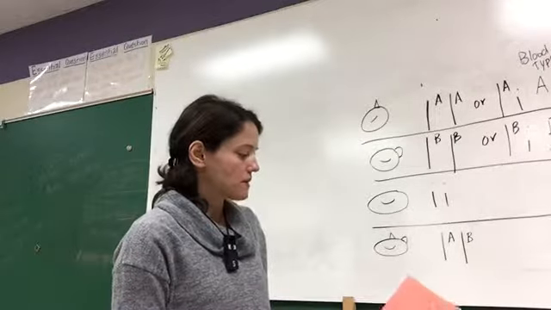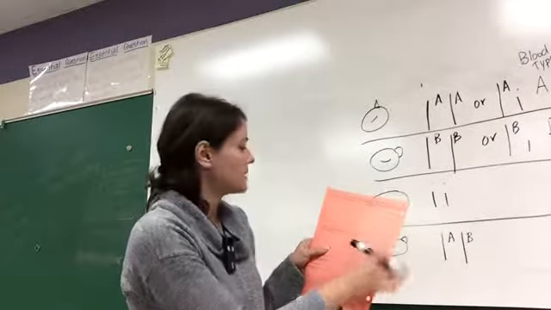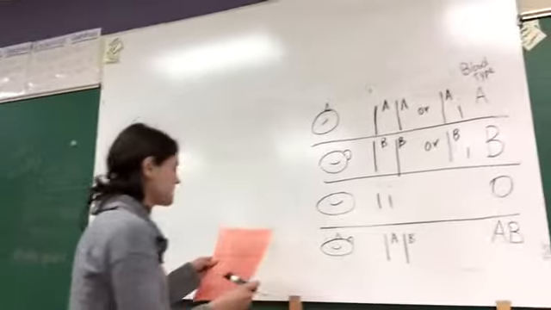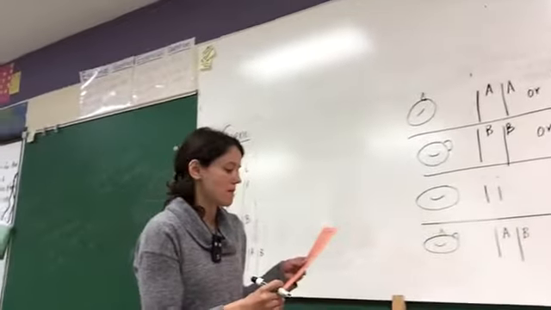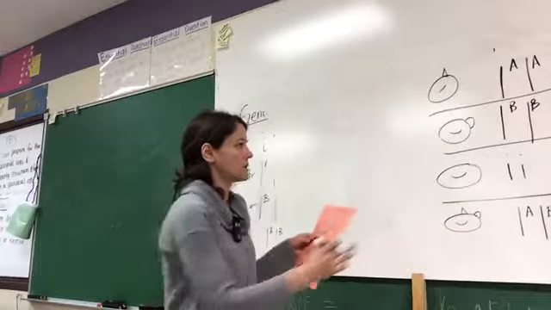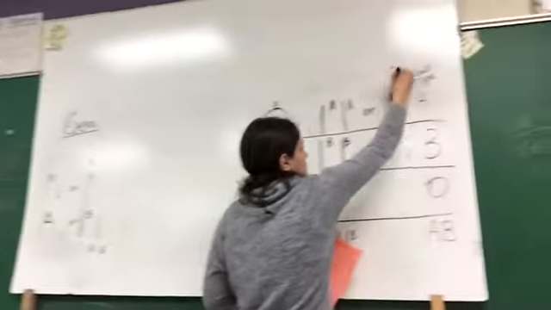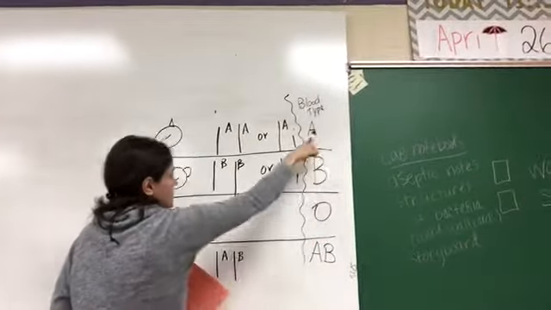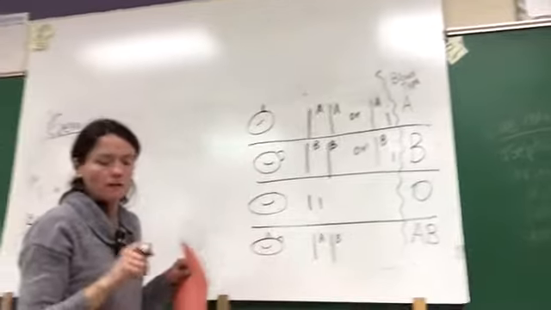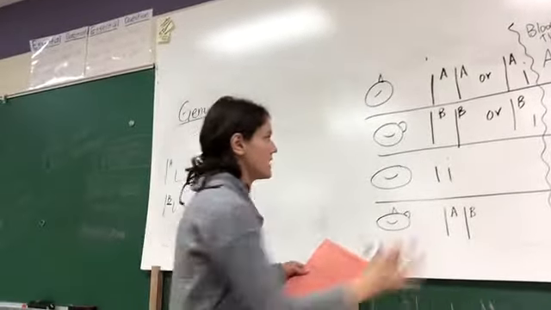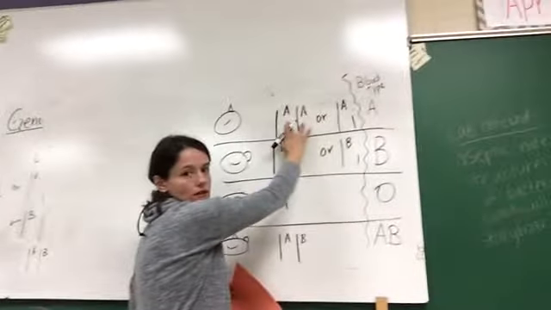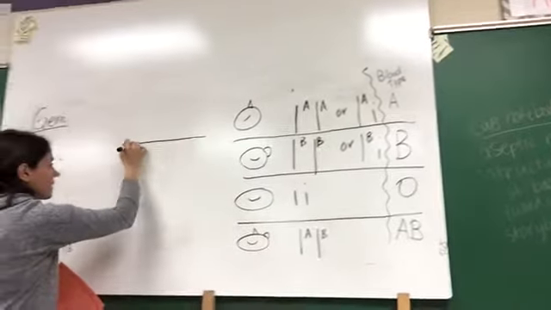So if you flip this over, I'm going to do problem number 2. It says the father is blood type A homozygous. So he's blood type A. So it's either going to be those, but again, homo means the same. So I'm going to select the one that is the same. So I'm going to set up a Punnett square.